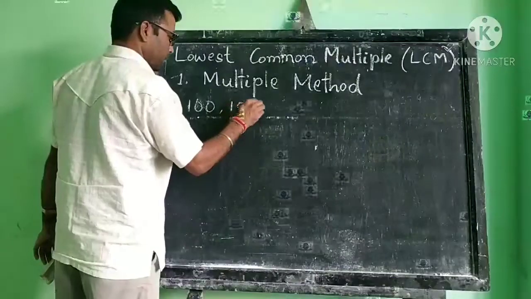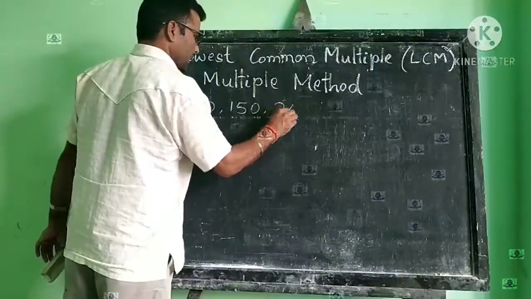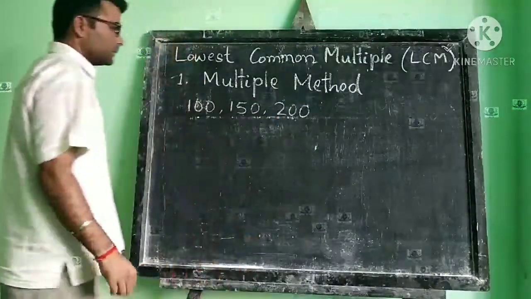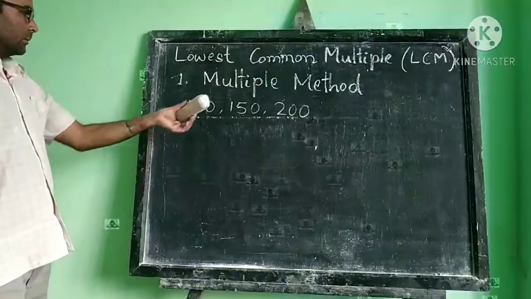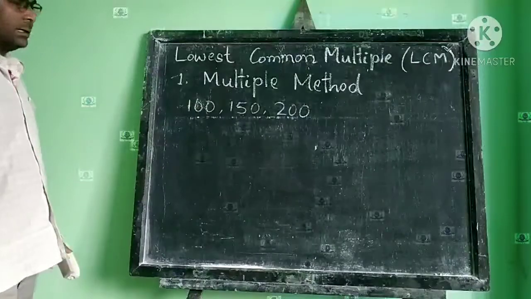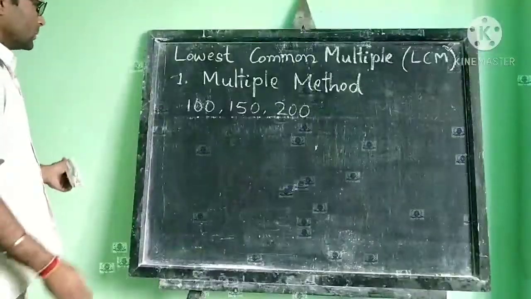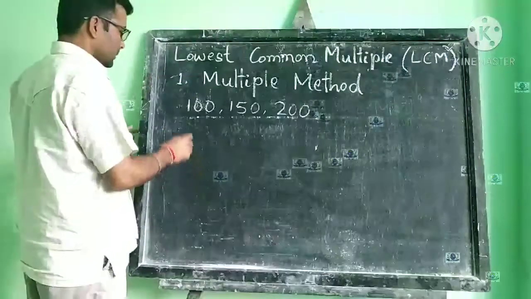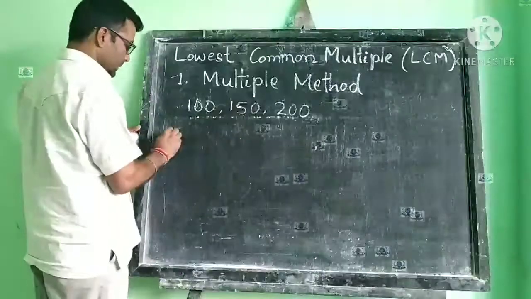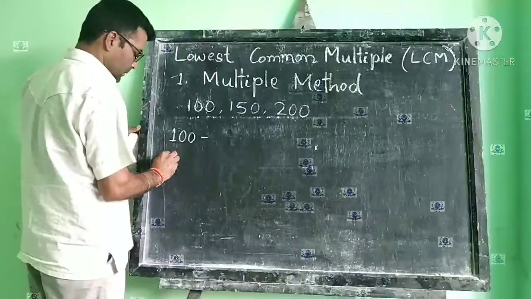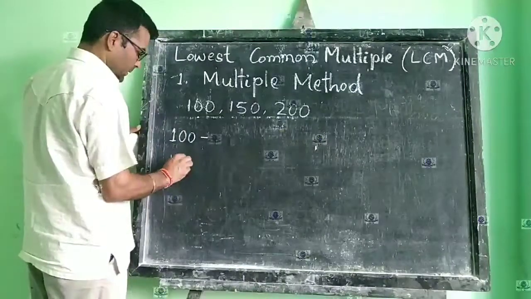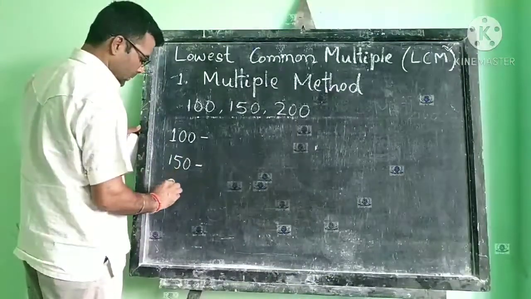Let us take the same numbers for which we found HCF: 100, 150 and 200. I have written the same numbers here to find the LCM. For the multiple method we need to write these numbers separately: 100, 150, then 200.